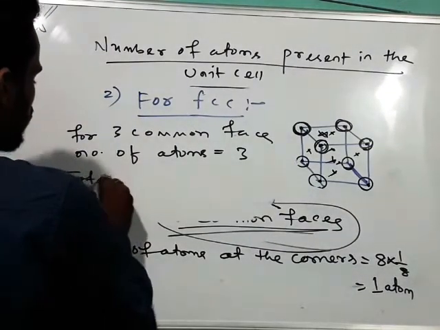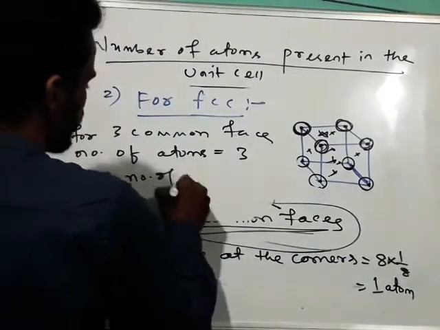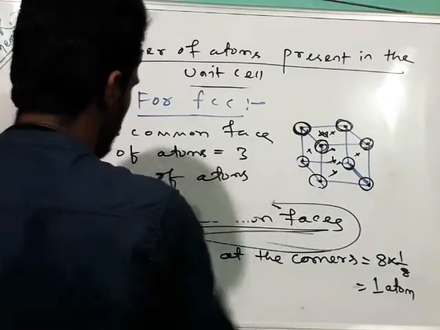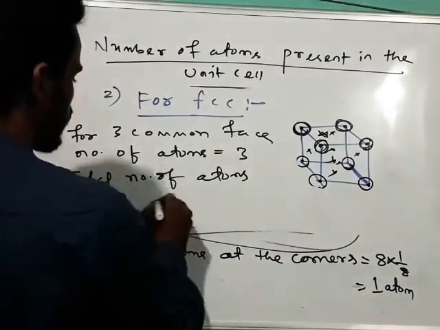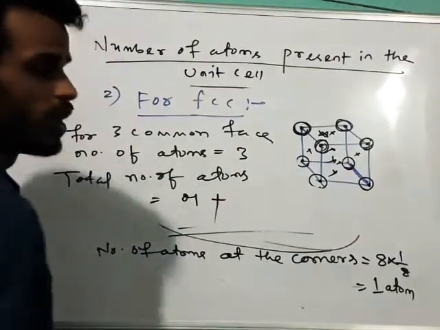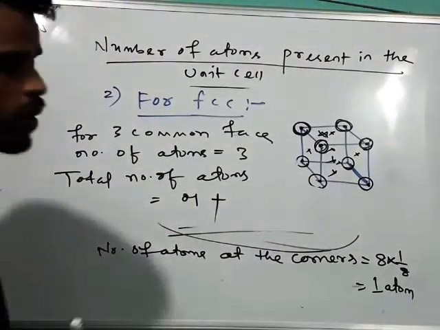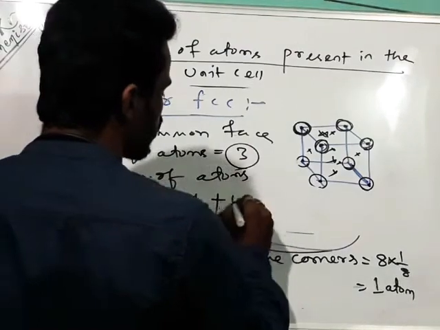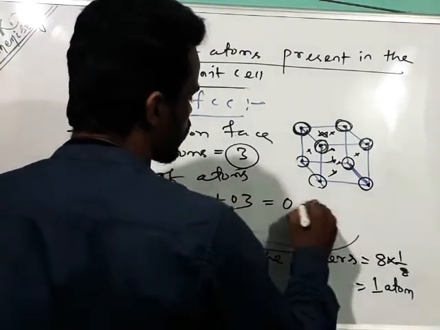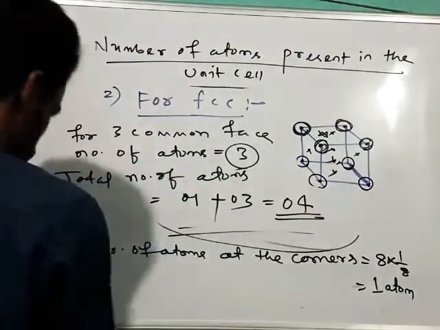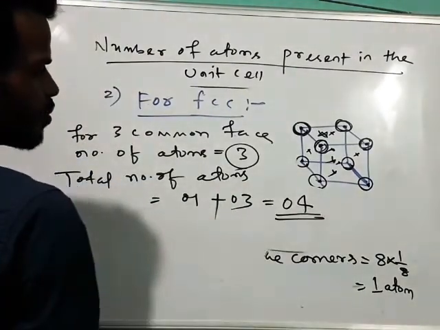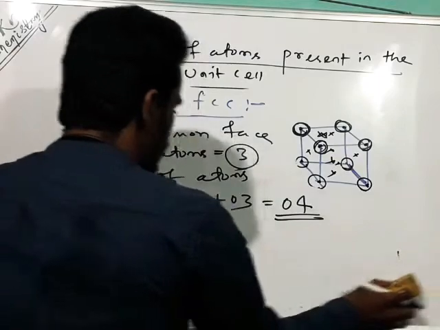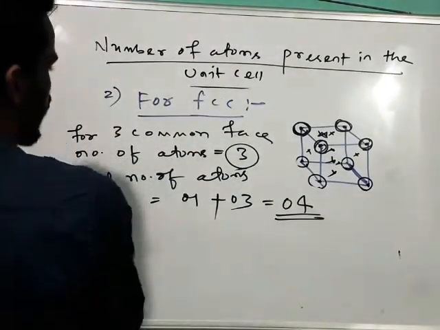Then the total number of atoms is 1 atom for the corners of the cube, and another 3 for the face centers, that is a total of 4. Means for face centered cubic crystal there are 4 atoms. These are the numbers of atoms.